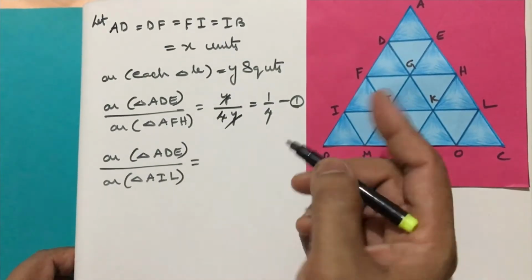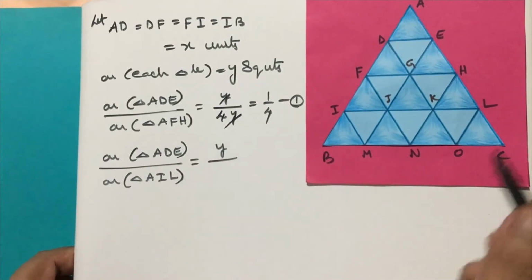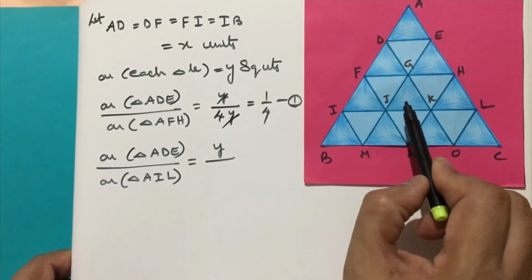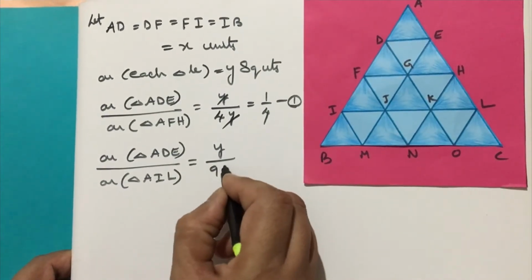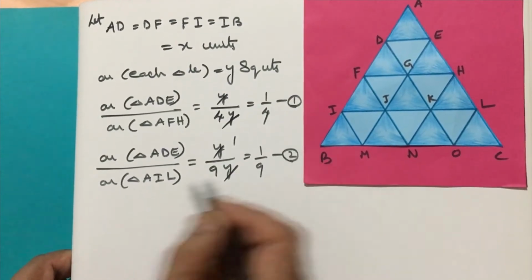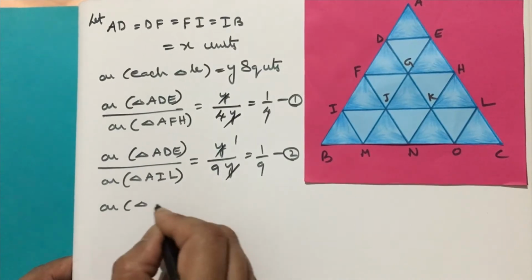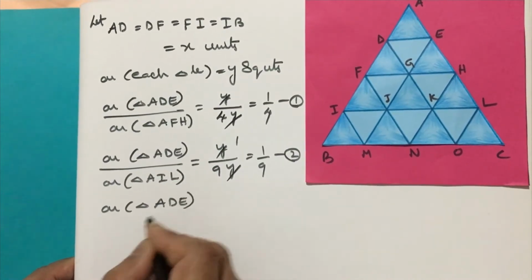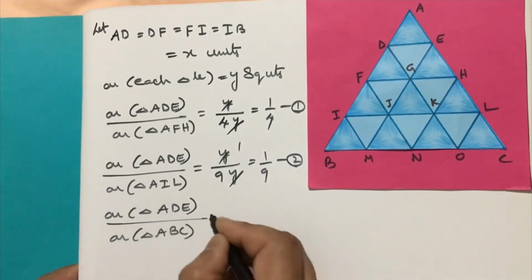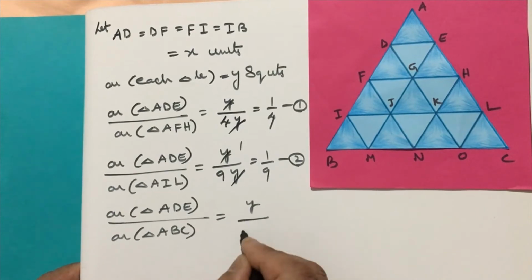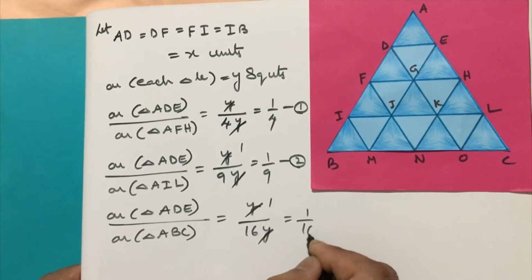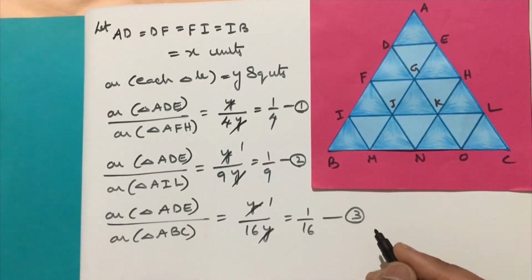Area of triangle ADE is y, and AIL has 1, 2, 3, 4, 5, 6, 7, 8, 9 triangles, 9 times y. It is nothing but 1 by 9. Same like that, now I am going to take the ratio of the area of triangle ADE to the area of triangle ABC. This is y by 16 triangles, 16y. So you are going to get 1 by 16. This is equation 3.